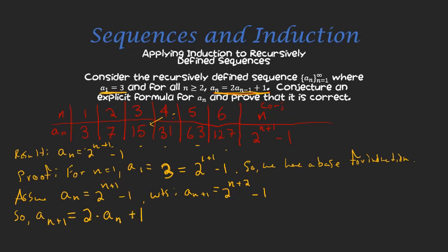By induction, so using our induction hypothesis here, a sub n is 2 to the n plus 1 minus 1. So this is 2 times 2 to the n plus 1 minus 1, plus 1. So multiplying that out, that's 2 to the n plus 2 minus 2 plus 1, so minus 1.